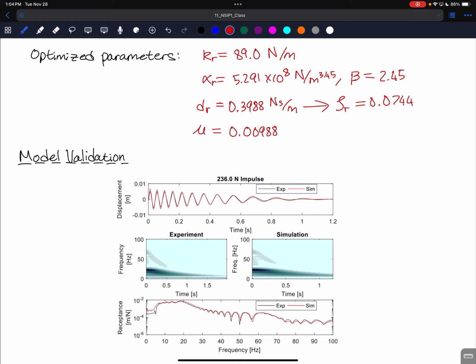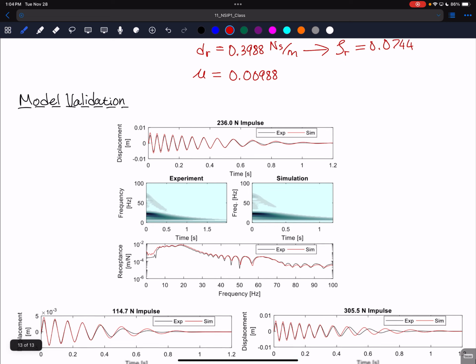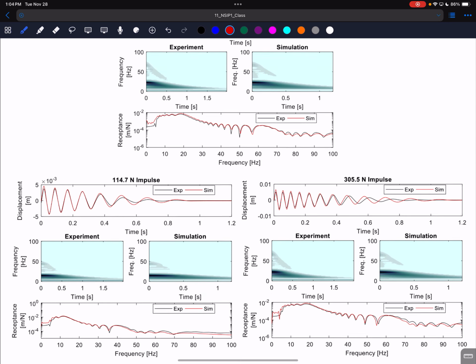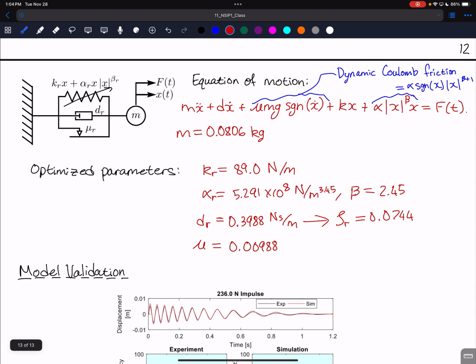You try a different model. But since we expect it to do well here, what we really want to know is, does it do well for cases that we didn't use to identify it? And so in the bottom here, I had two responses. What is rho?